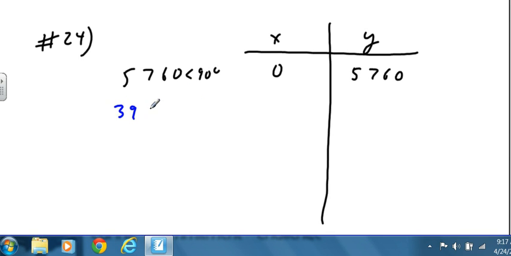The next one, 3940 at 205. I'm going to go 3940 times cosine 205, and I'm going to have minus 3571. I can do that.